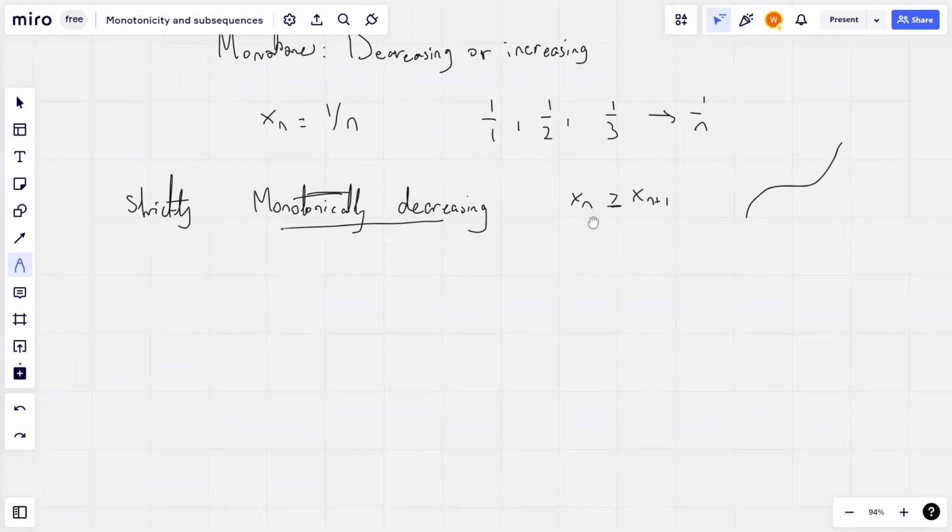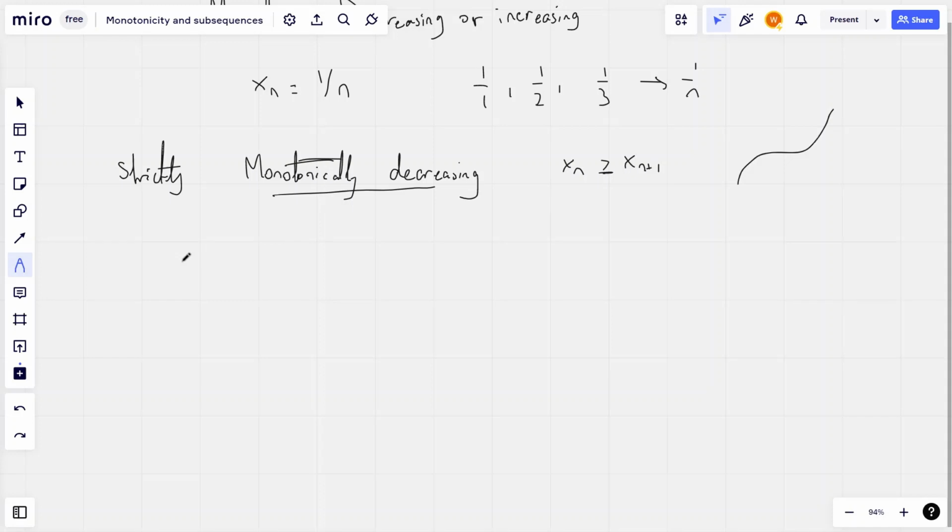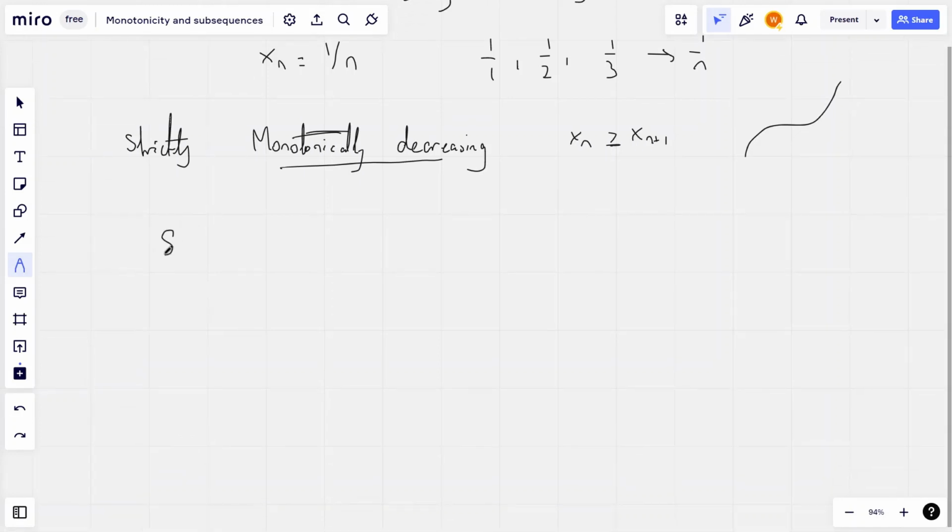Let us define what a subsequence is now. Okay, so firstly it's a sequence. So suppose we have xn.